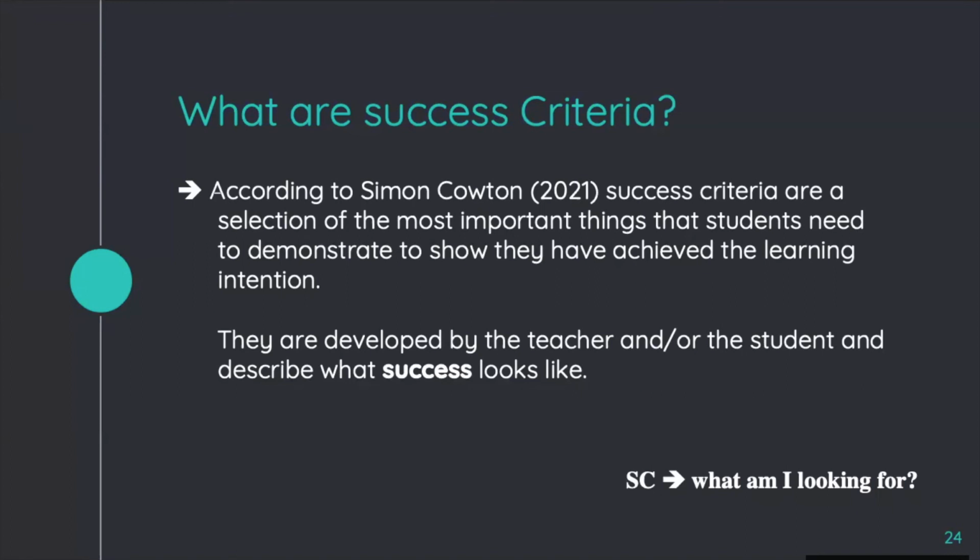All right. So putting everything together again, learning intentions are about setting the objectives. Again, we say in Arabic, إنما الأعمال بالنيات. You cannot work on whatever you're working on in life without having intentions and without having objectives. So that's the first step.